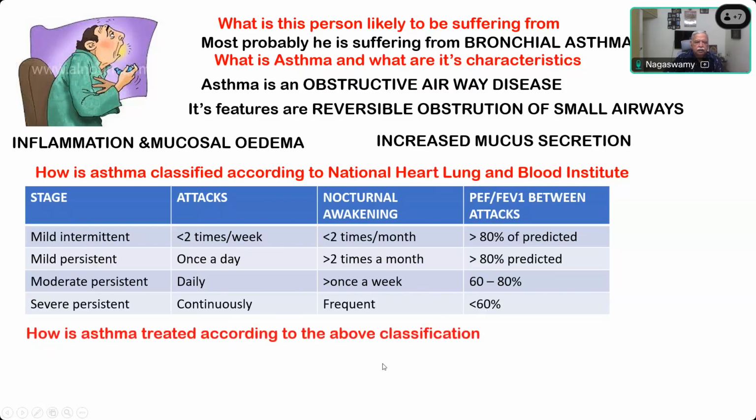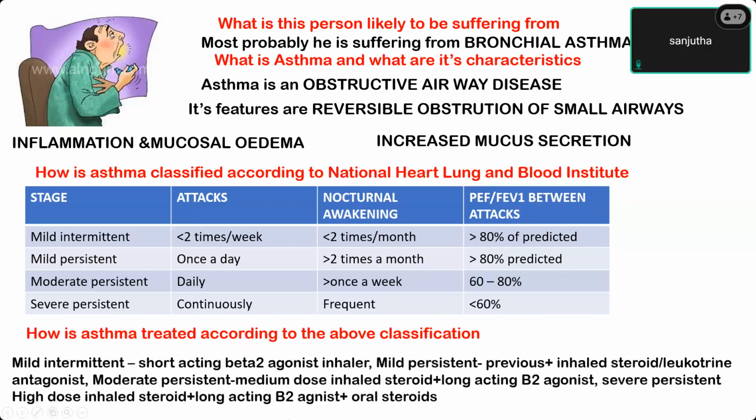How is asthma treated according to the above classification? So this classification is mainly to decide what drugs are to be used and how to be used. Ipratropium bromide, short acting beta 2 agonist for the intermittent group. Okay, only beta 2 agonist, no steroids.